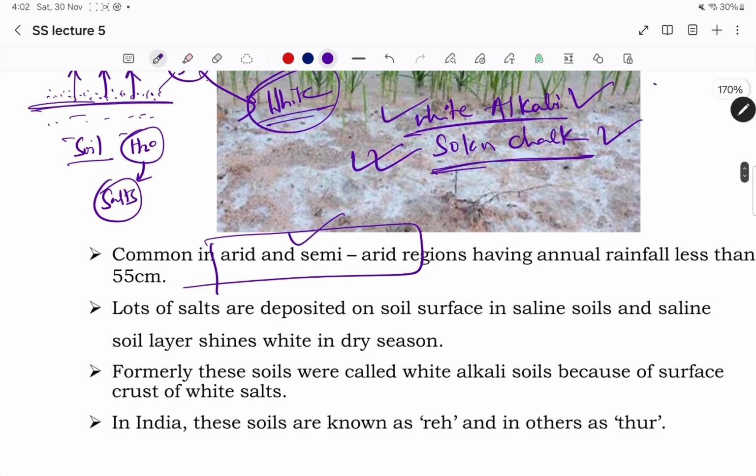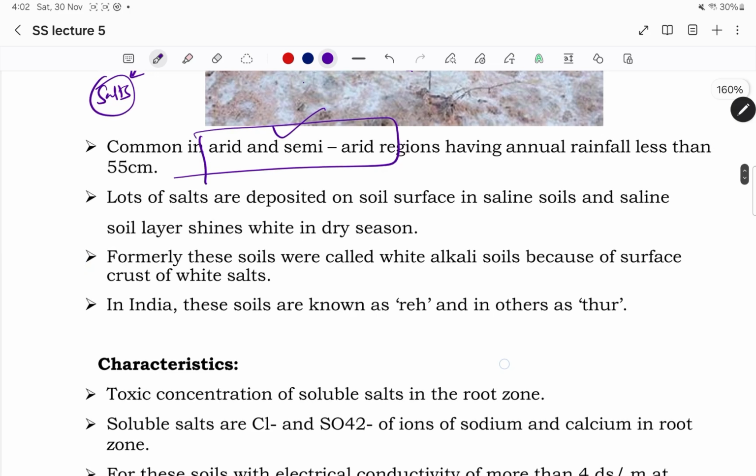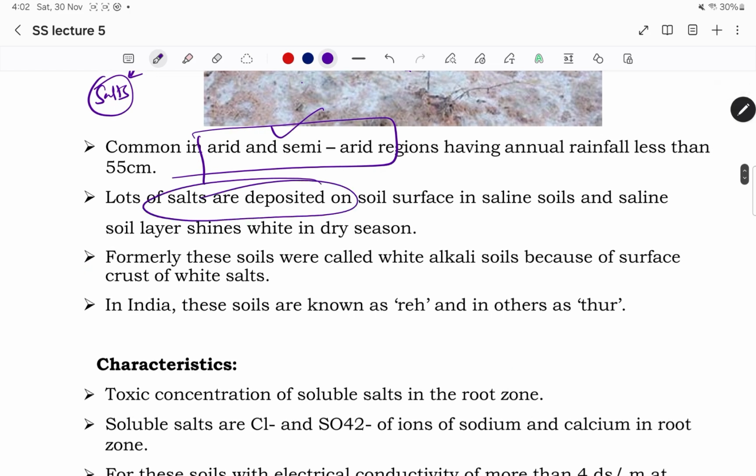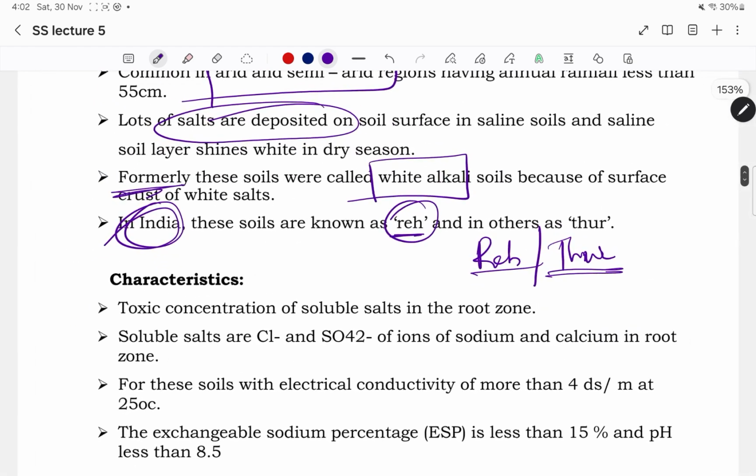We usually see them in arid and semi-arid regions because we can see the deposition of salt on the surface, and these are formally called white alkali. And in India, these soils are also known as Ray and Thur. These are the local names.